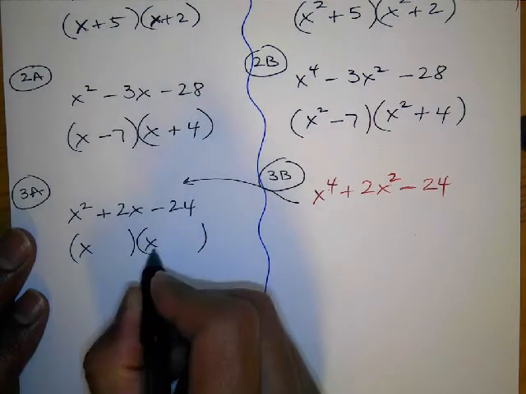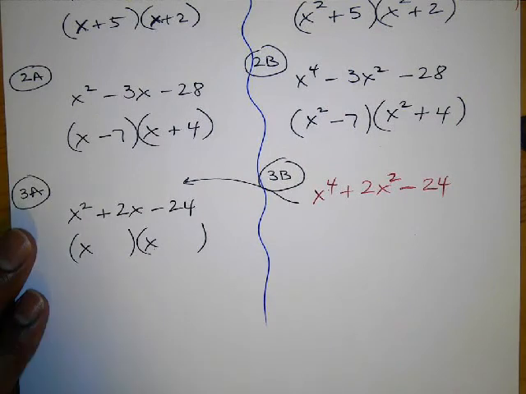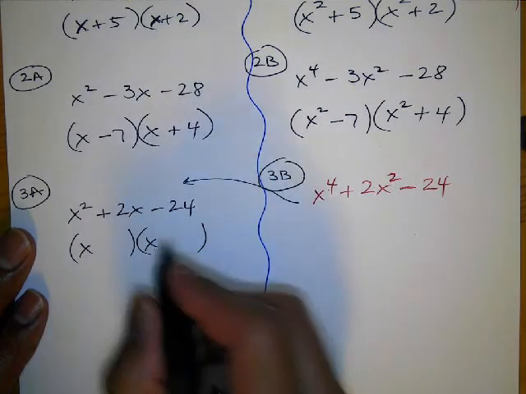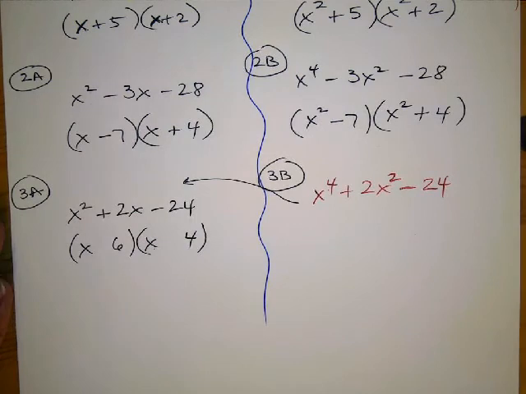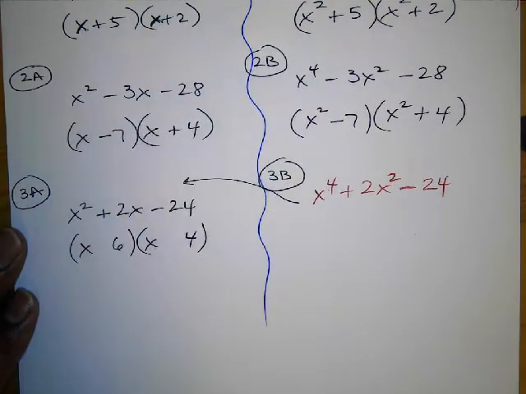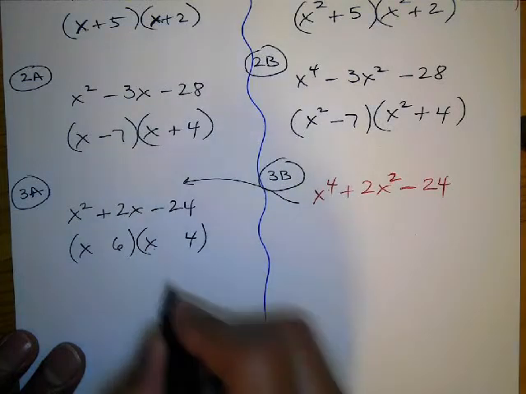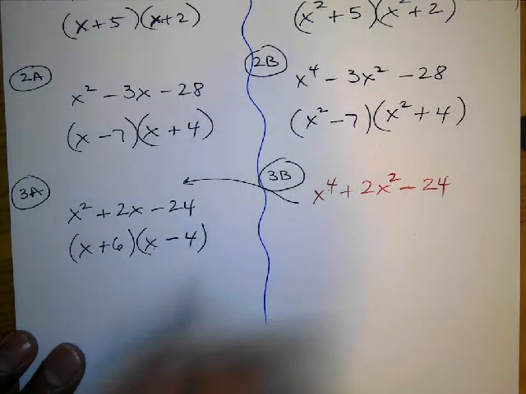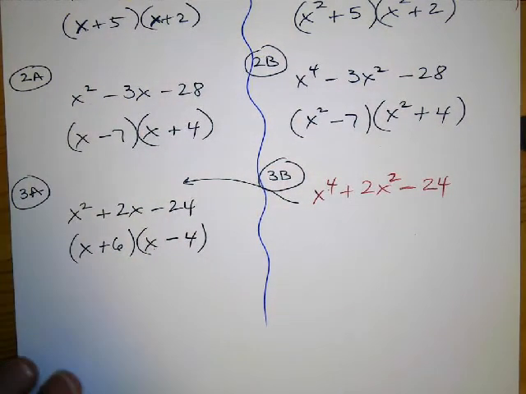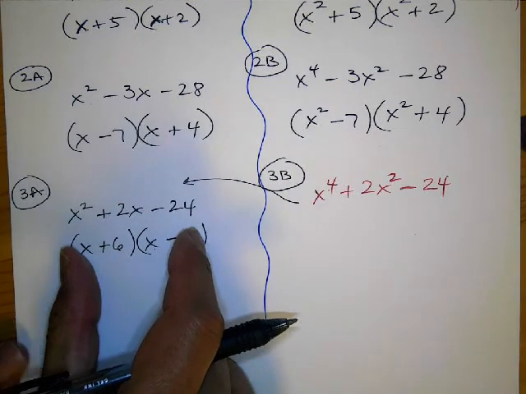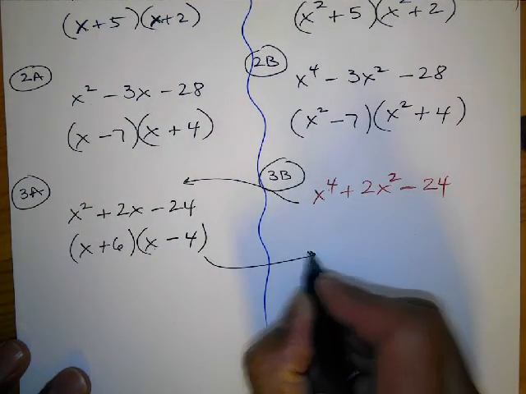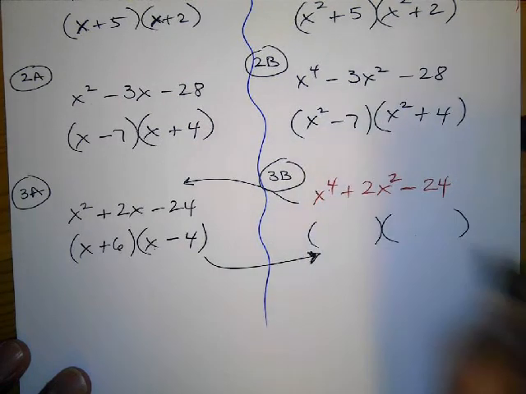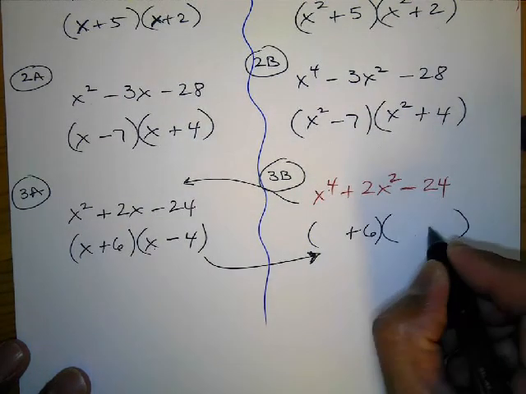Okay, now you come over here and you say, okay, how would I do that? That would be x, because x times x is x squared. And this, the numbers that are going to work here are 6 and 4. 6 times 4 is 24. And 6 minus 4 can give you a 2. So that'll be a positive 6 and a negative 4. And once I know how to factor it as a quadratic, I can come over here now and do what? And now write the answer here for this one.